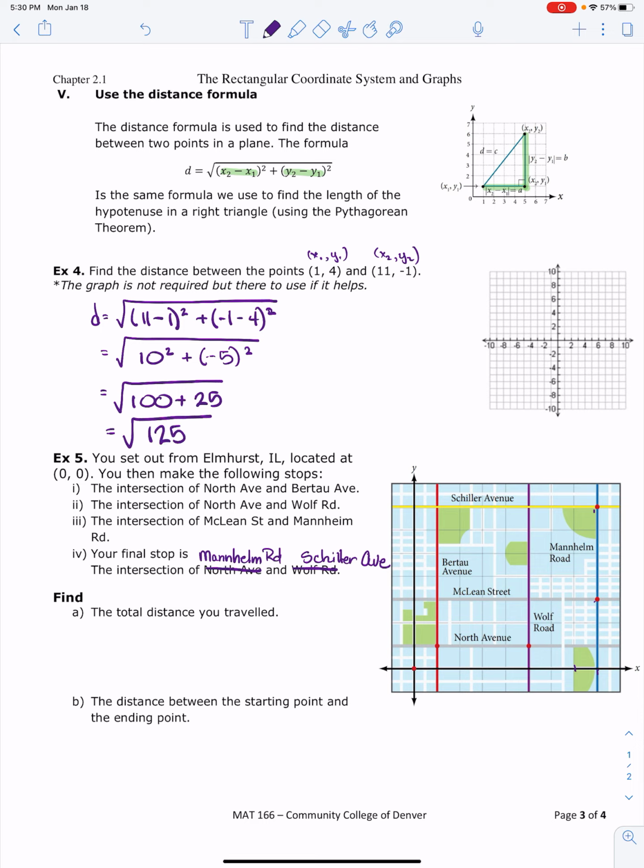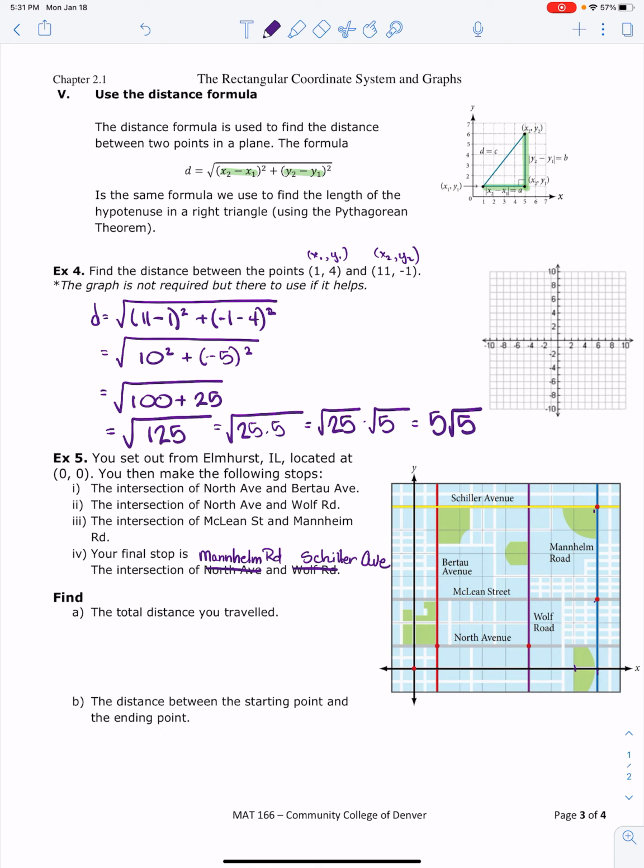You always want to reduce these where you can. 125 I can rewrite as 25 times 5. Quick reminder that I can separate that into two separate radicals: square root of 25 times the square root of 5. Square root of 25, of course, is 5. I get 5 times the square root of 5, or 5 square roots of 5.